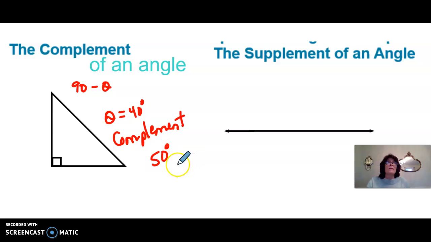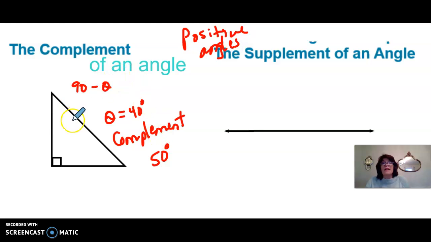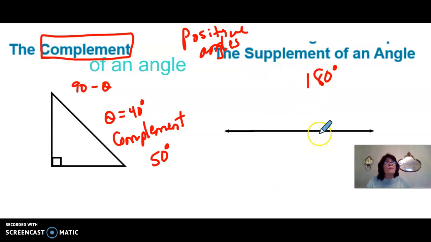This only works with positive angles. We're not talking about negative angles with complements and supplements. Positive angles that add to 90 degrees are complements. Positive angles that add to 180 degrees are supplements.